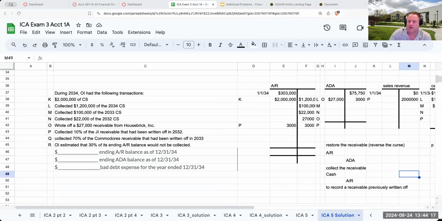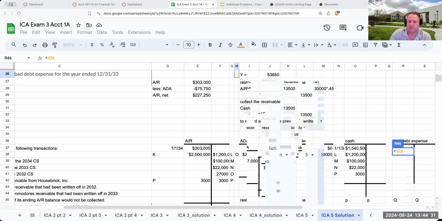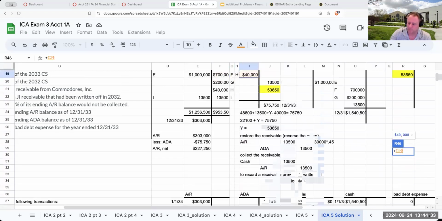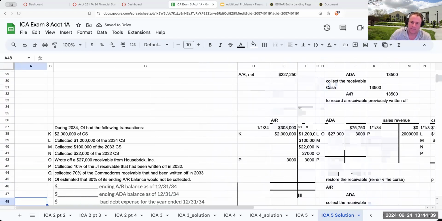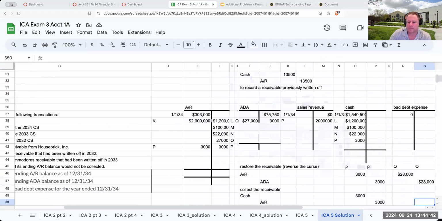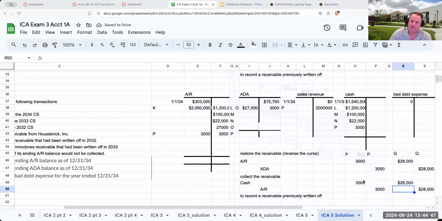So for letter Q, this is going to be the write-off times 70%, or 28,000. These journal entries are obviously missing the dates and that kind of stuff, but it's really just to get you used to how to record these different items.